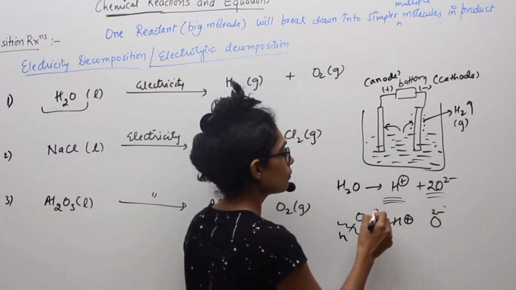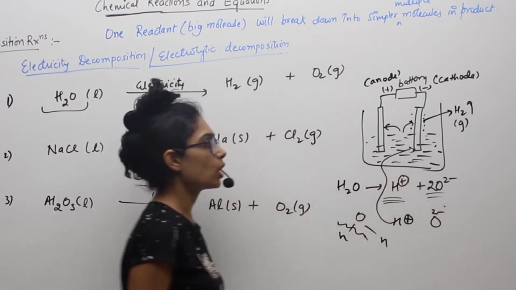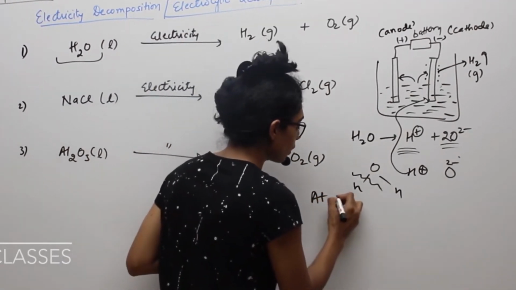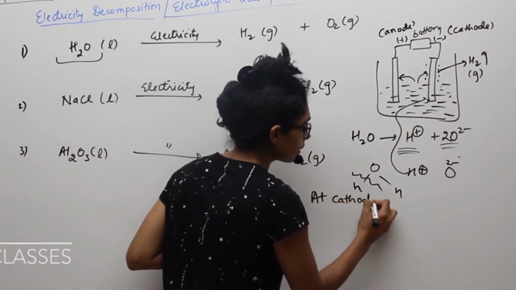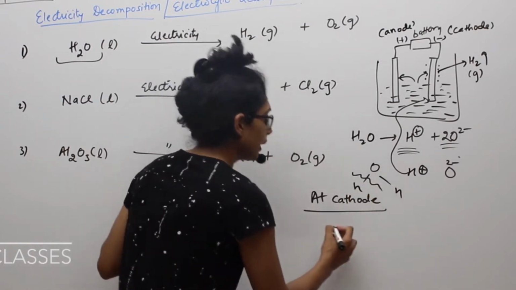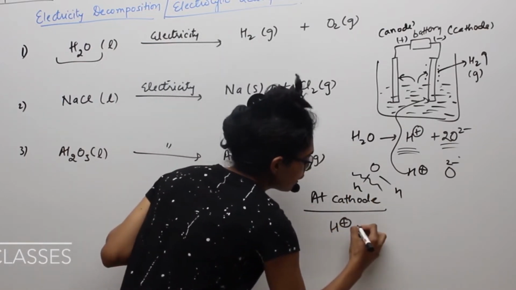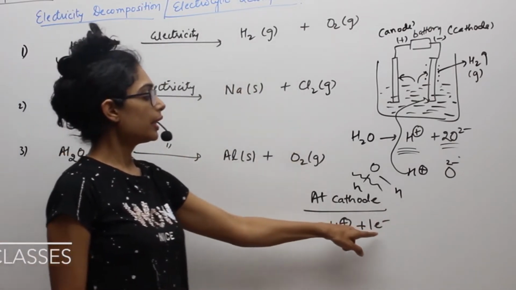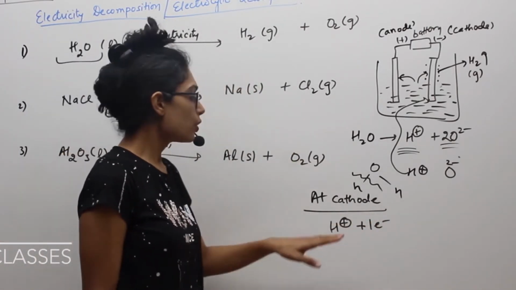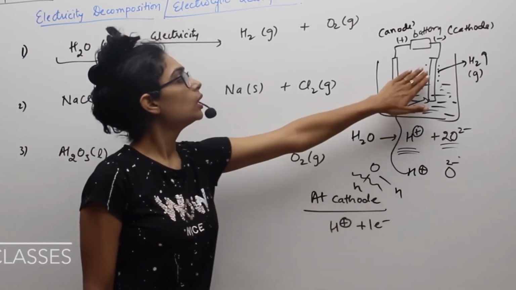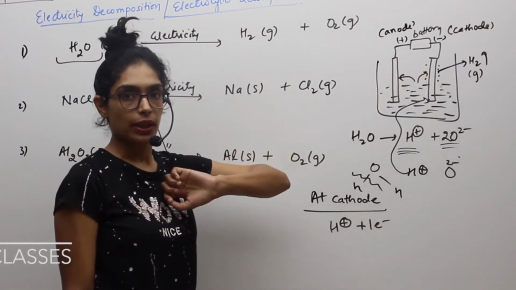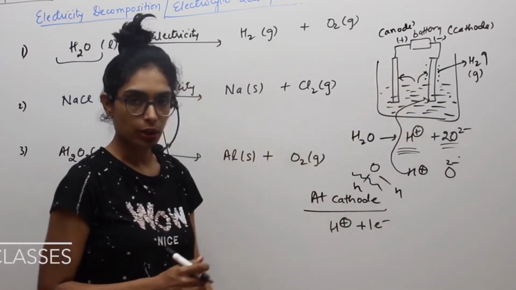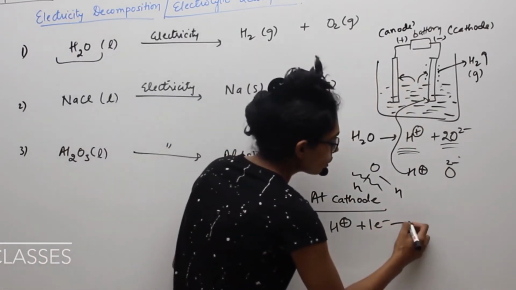So this hydrogen will go to the electrode which is negatively charged and take the electron from there. At the cathode, H+ will go to the cathode and ask for an electron. One e- is nothing else but an electron. The negative electrode is electron rich, and it will give an electron to hydrogen.